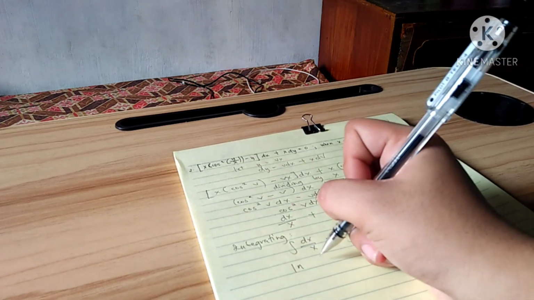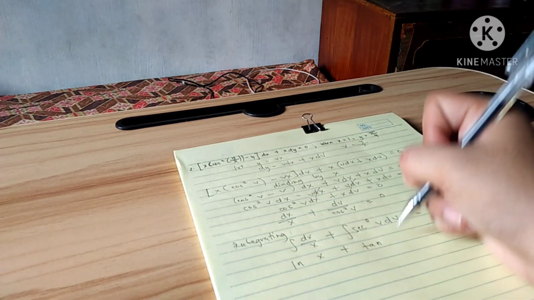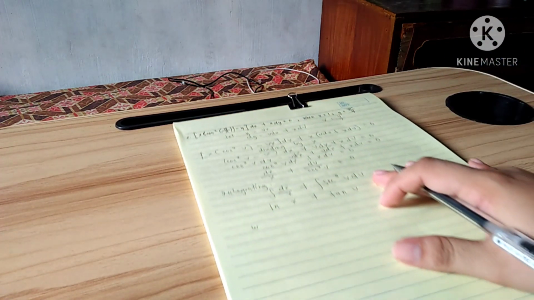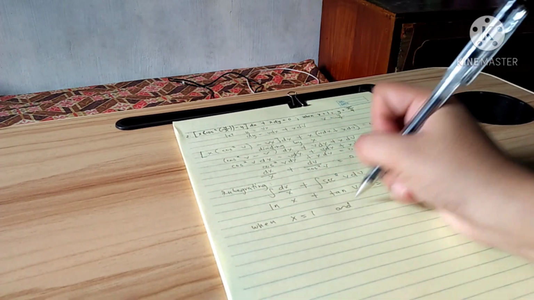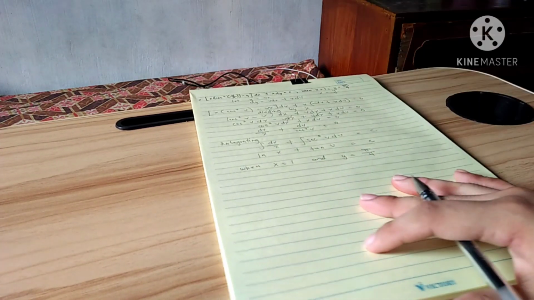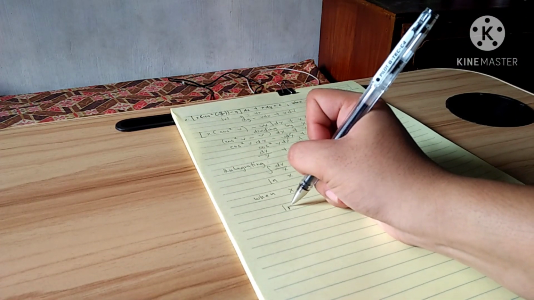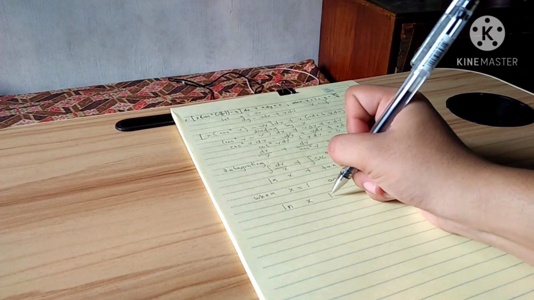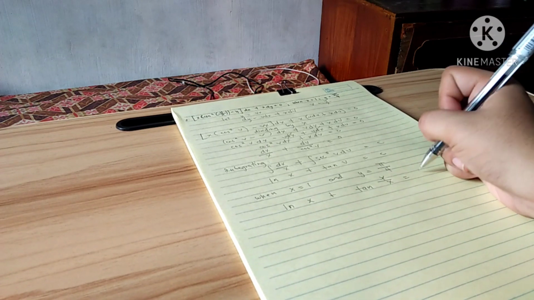So magiging ln x plus integration ng secant is tan v is equals to c. So when x is equals to 1 and y is equals to pi all over 4, we can substitute dun sa nakuha nating term kanina, which is ln x plus tan y all over x is equals to c.